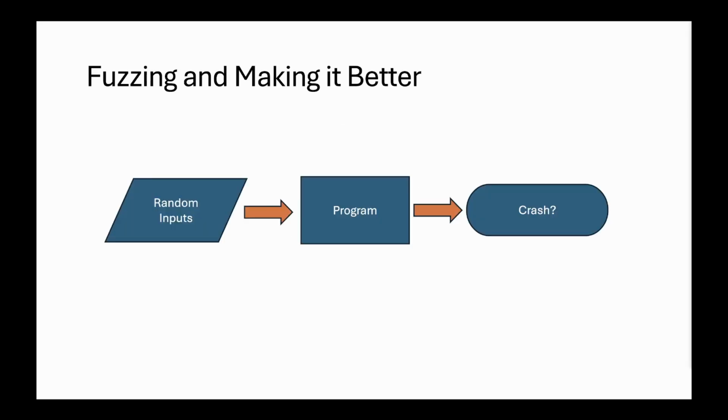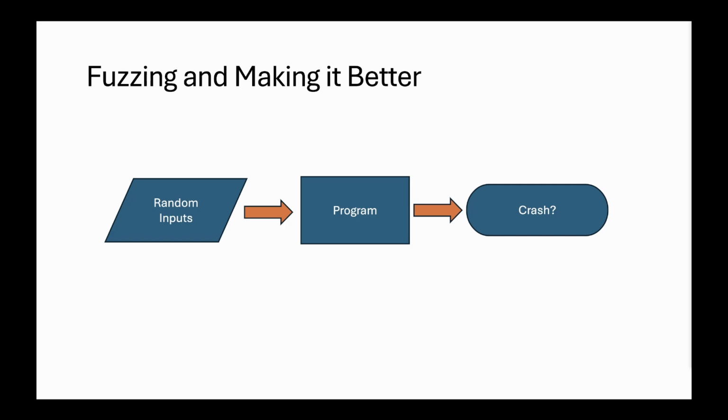So, to begin, we'll look at a basic overview of fuzzing and what can be done to make it better. Fuzzing is an automated technique used to discover vulnerabilities in software. It works by generating large numbers of inputs and feeding them into a program to see if something breaks.